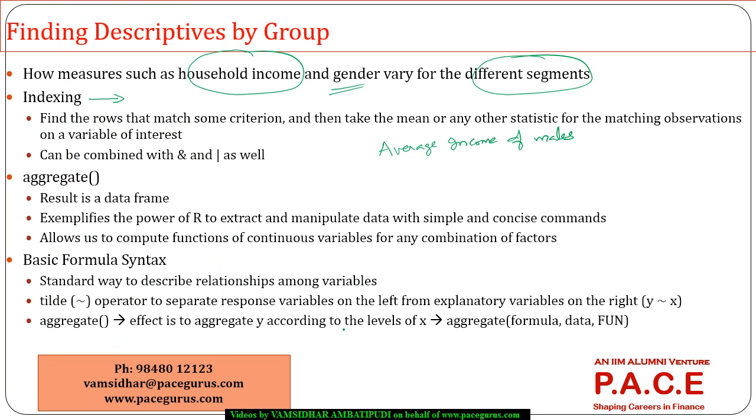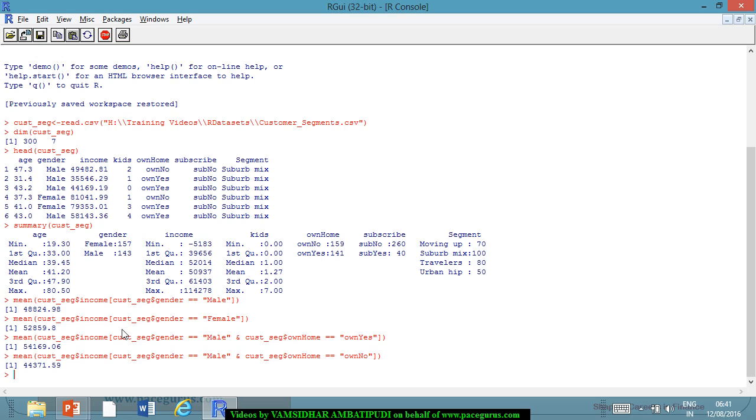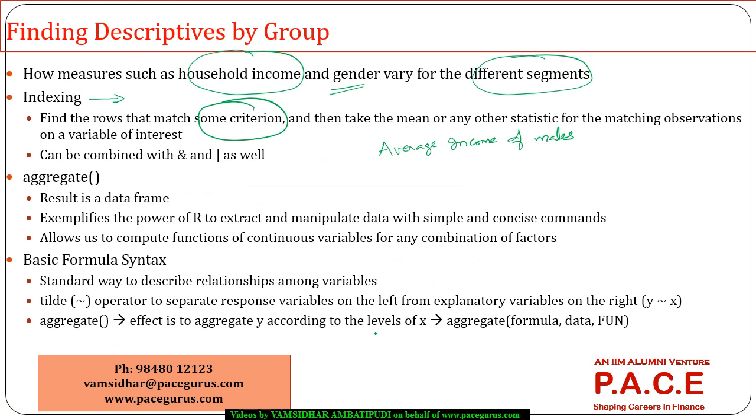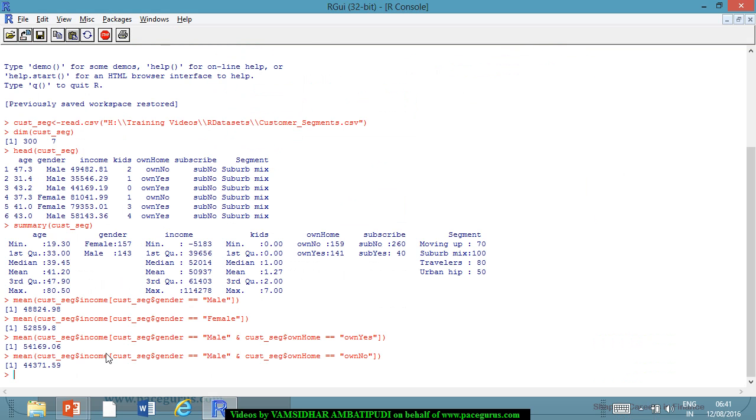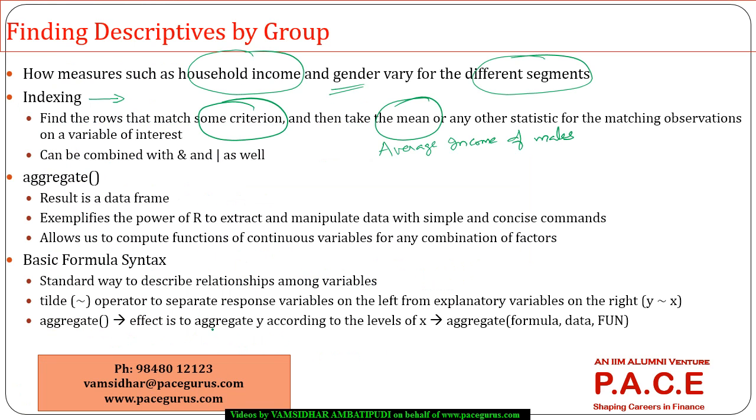So I can match the rows, I can find the rows that match a particular criteria. That is how I have matched. I have matched all the rows where gender is male as well as own home equal to S, and then take the mean or any statistic for the matching observations. So I am taking the income details for those kind of people, and on the top of that I have computed the mean value for those people.